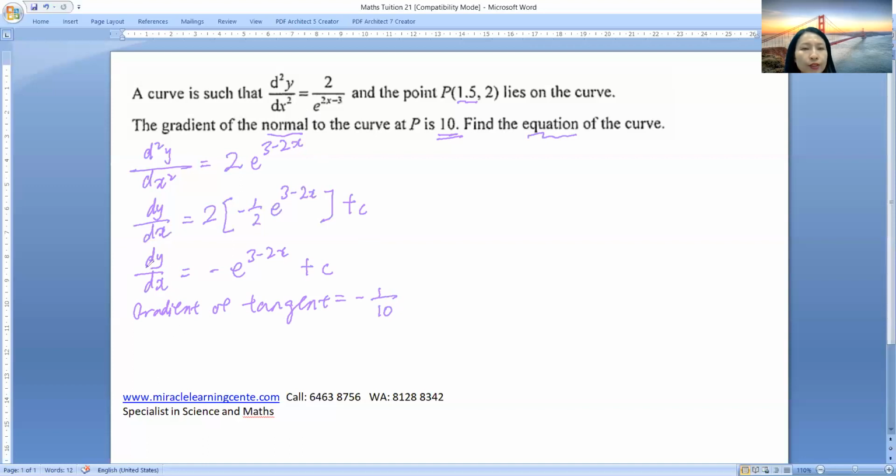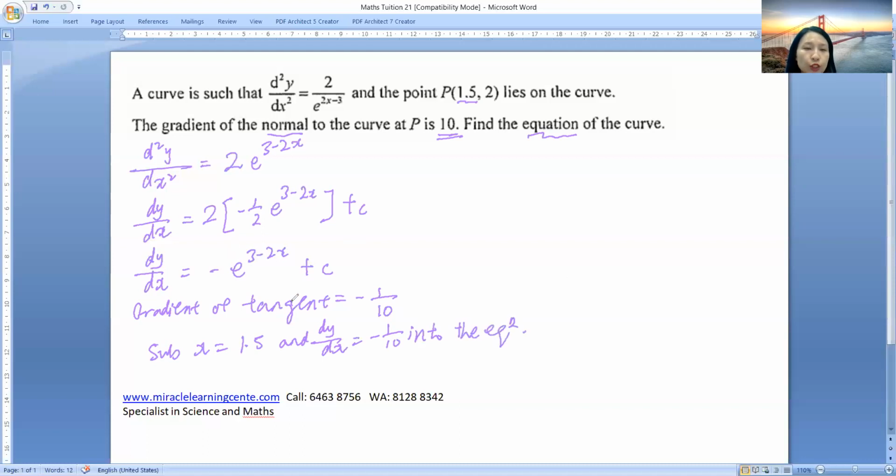Okay, so we have negative 1 over 10. Substitute x equals 1.5 and dy dx equals negative 1 over 10 into the equation.